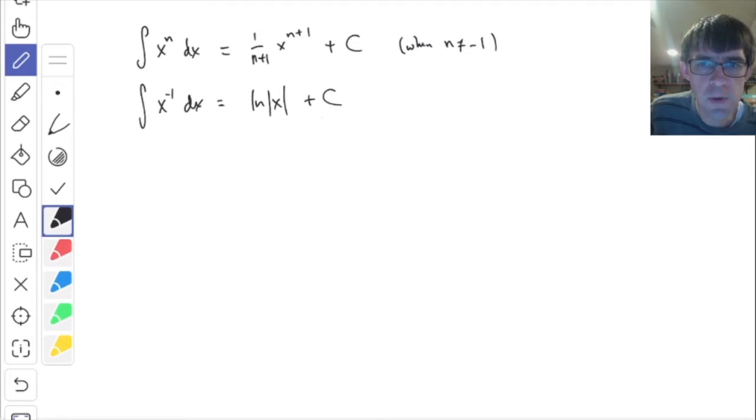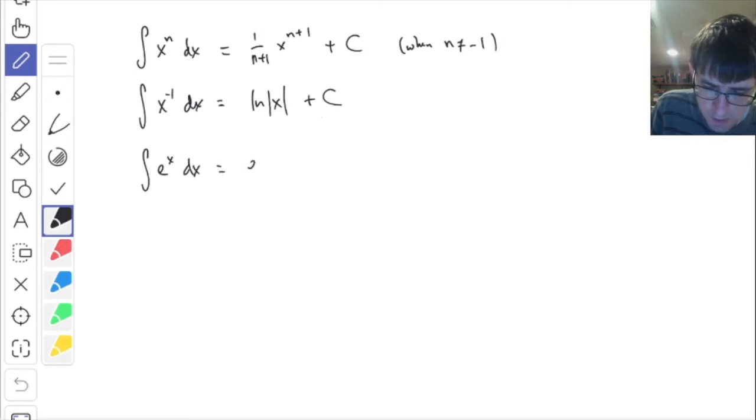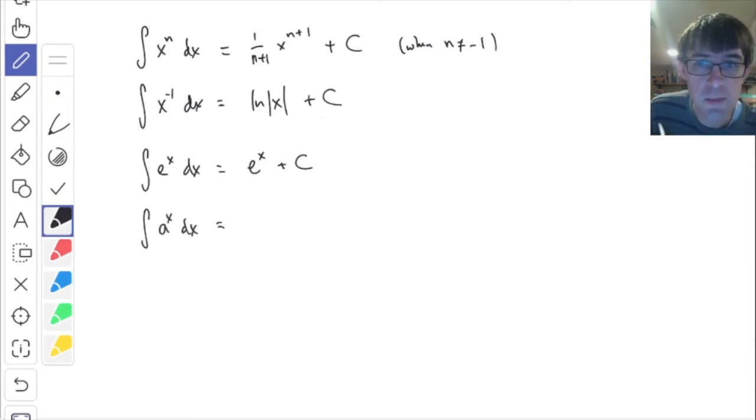some formulas involving exponential functions. The simplest one is the integral of e to the x, which is of course just e to the x. There's also something with an exponential function which does not use e but some other base a. This is a to the x over ln a plus c.